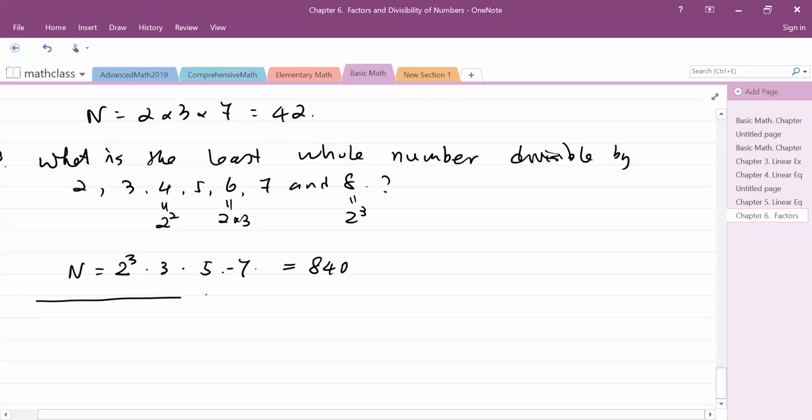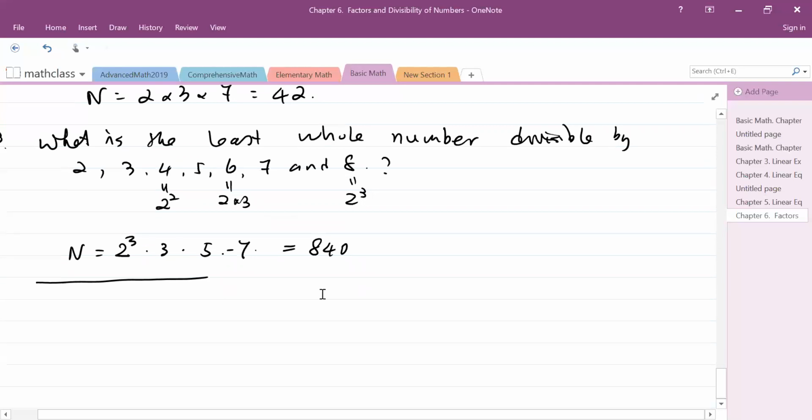All right, so we're talking about divisibility. Next step, we are going to study remainder and quotient. Let's begin with 13 divided by 6. I get a quotient of 2 and a remainder of 1.